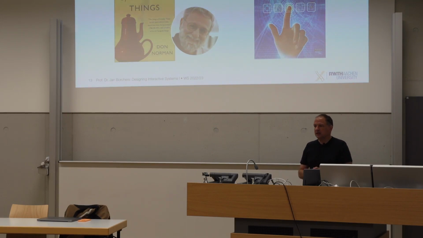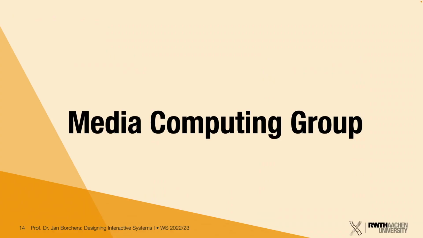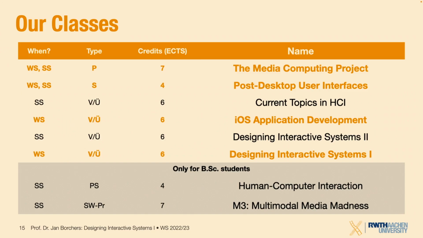Let us take just a minute to give you an idea of why we're doing this. I want to give you a very brief idea of what our chair, the Media Computing Group, is offering besides this class, so that you understand what you could get into as a follow-up class and how this fits in. The classes that we offer are for bachelor students.